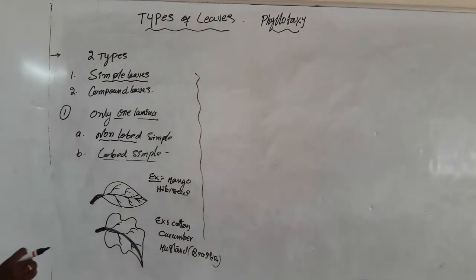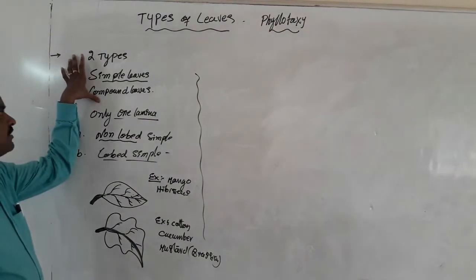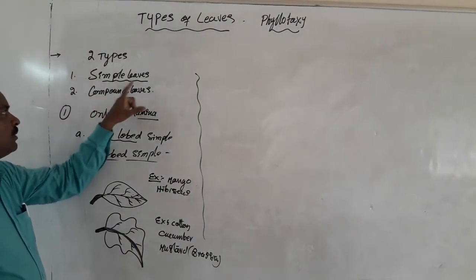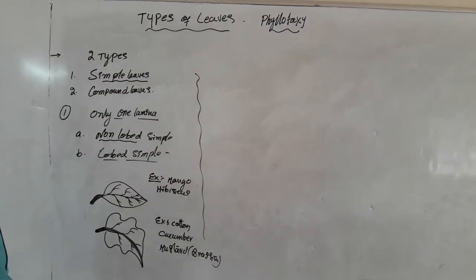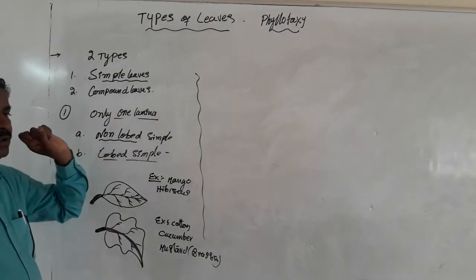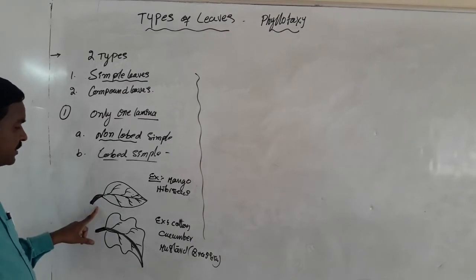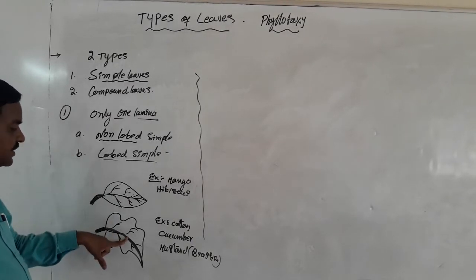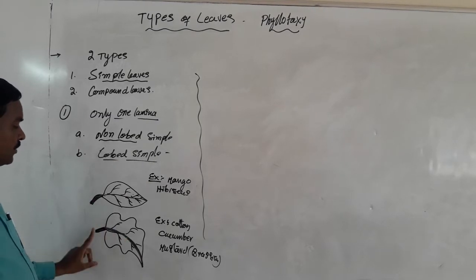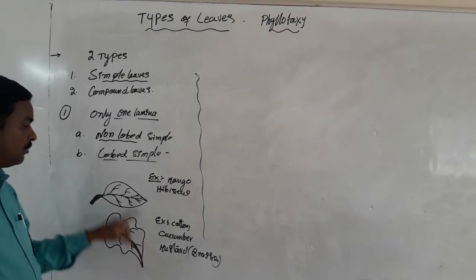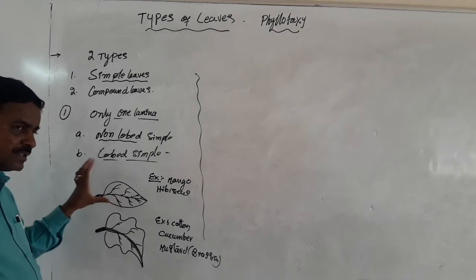Very, very important. There are a total of two types of leaves in plants. One type is called simple leaves, and these simple leaves contain only one lamina. These simple leaves may contain incisions, which is called simple lobed, or may not be represented by incisions.